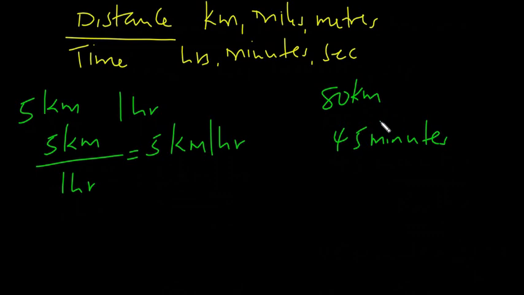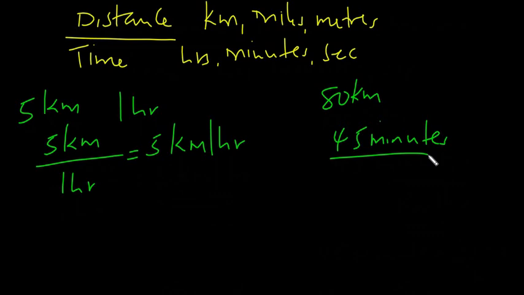Or simply, what distance does this car cover in 1 hour? As we have said, we need to divide the distance covered by the time taken. But remember, we are being asked to find the speed in kilometers per hour, but the time that we have been given is in minutes. So we need to convert the 45 minutes into hours.